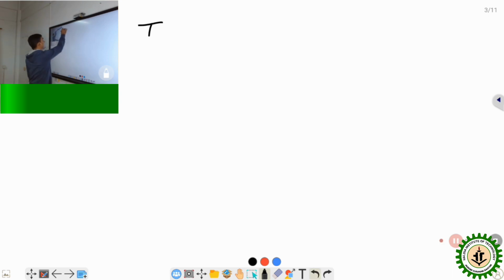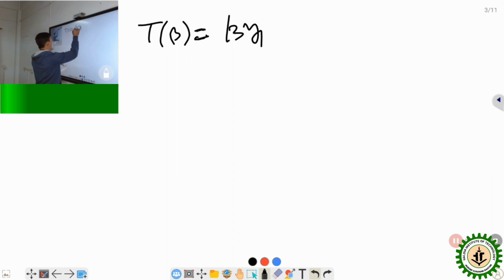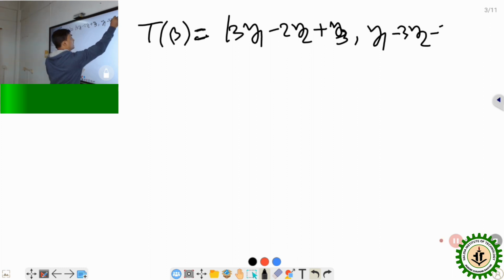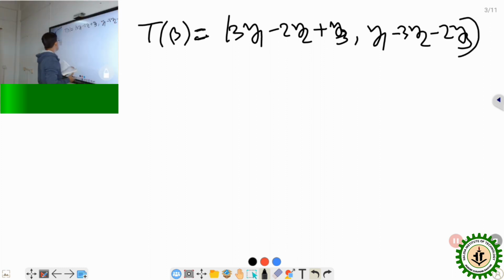Now the value of T beta will be (3y1 minus 2y2 plus y3, y1 minus 3y2 minus 2y3). So these are the values of T alpha and T beta.